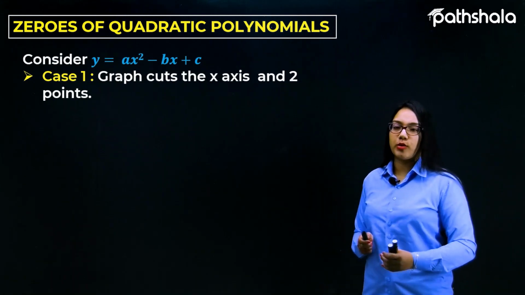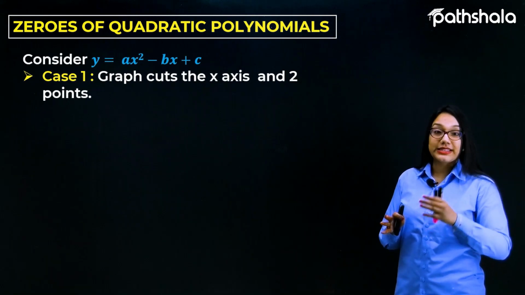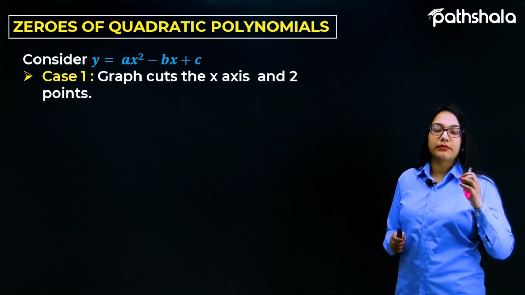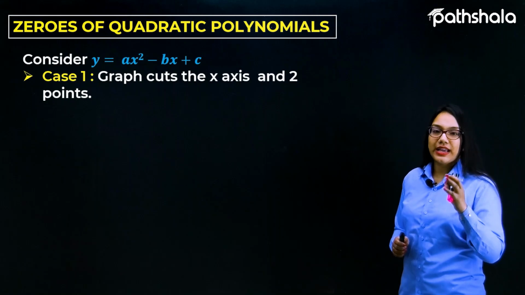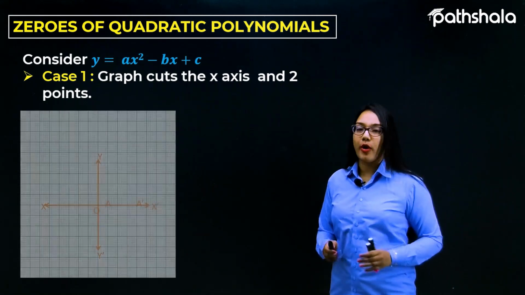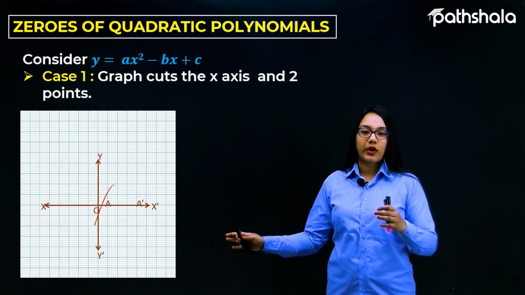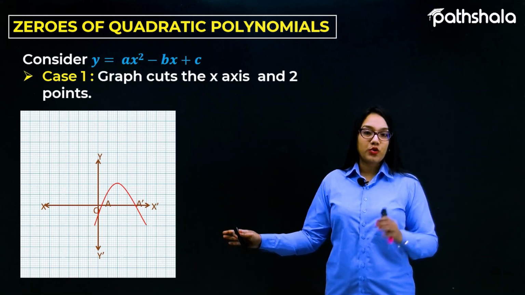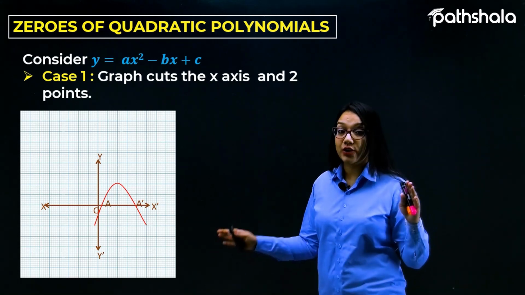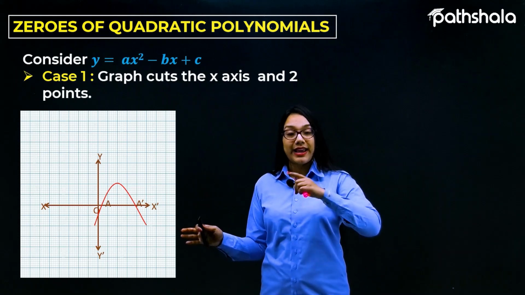So let us talk about case number 1. It says when the graph cuts the x-axis at 2 points, it means it is intersecting the x-axis at 2 points. Let us suppose we are talking about this graph and we are drawing the curve in this form. We can see that the curve is intersecting the x-axis at 2 points, at A as well as at A dash.